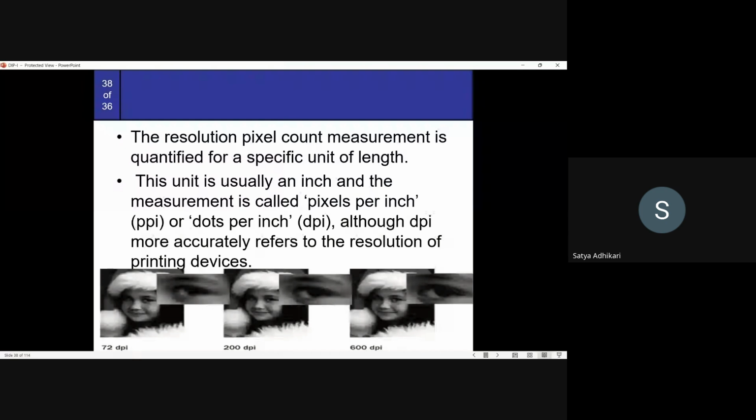The unit is usually an inch, and the measurement is called pixels per inch, PPI, or DPI, dots per inch. Although DPI more accurately refers to the resolution of printing, the image having a higher pixel value is more clear and of more quality.